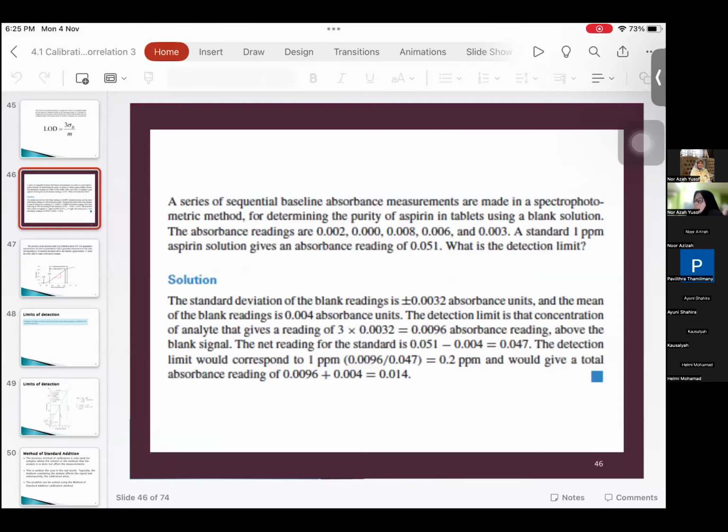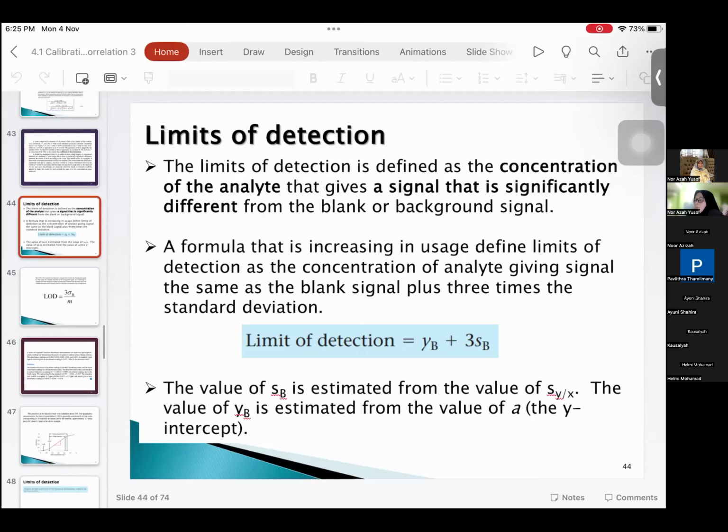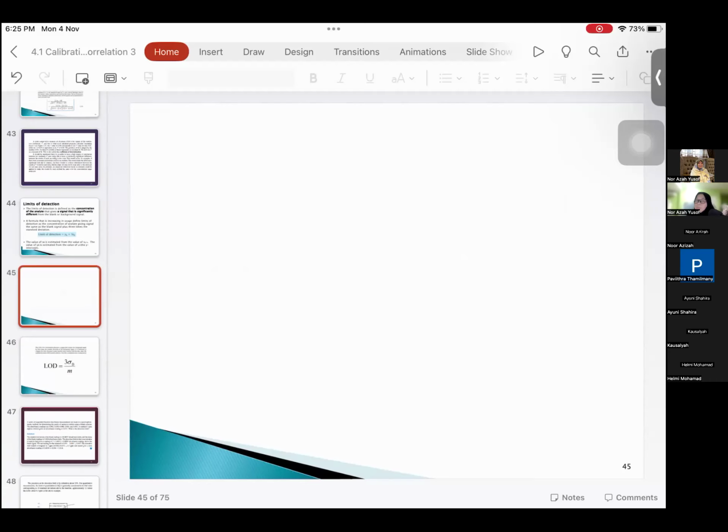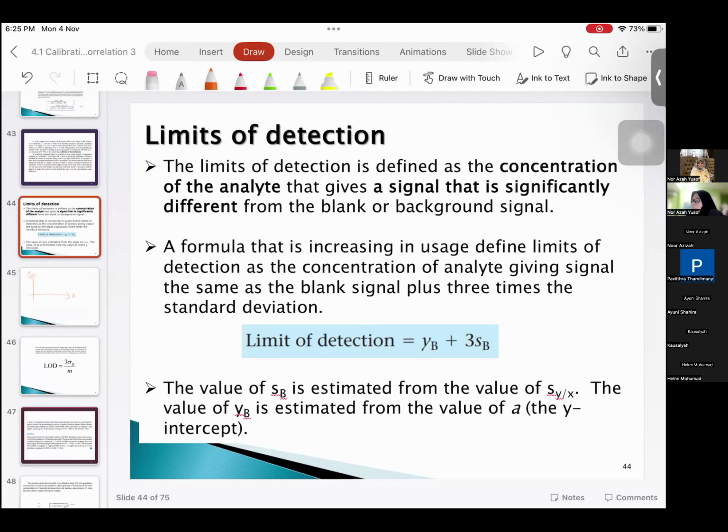Okay, let's look at this. Let's look at why. How do we get this? So this is the calibration plot, y and then x. But the formula is y = 3 alpha. Y beta gamma.